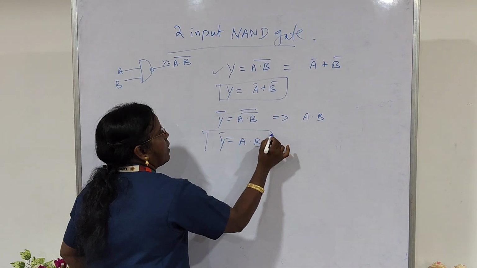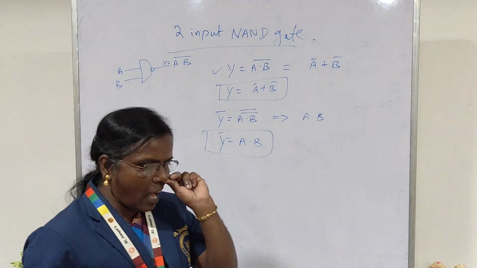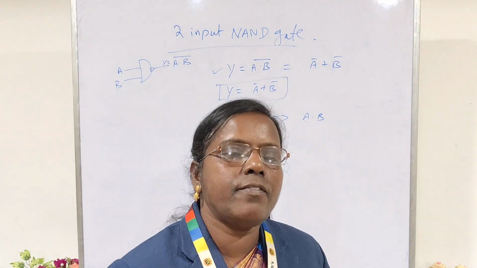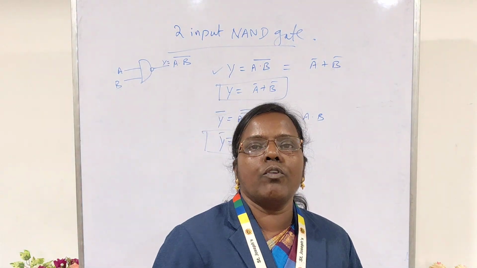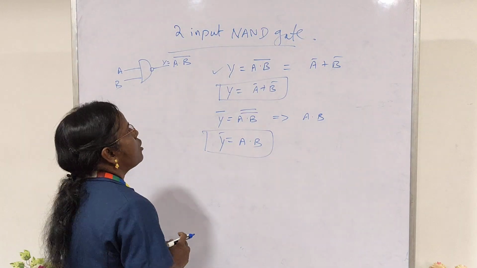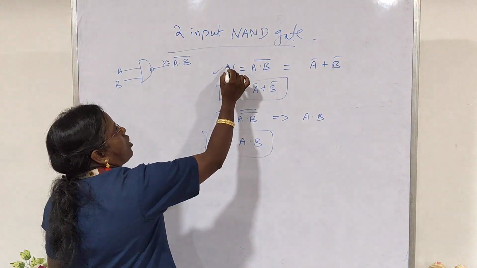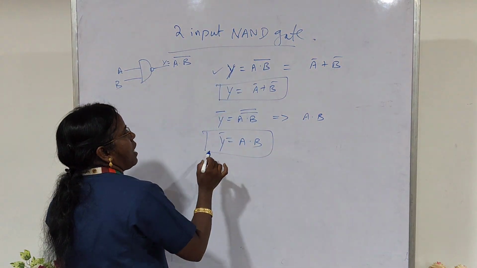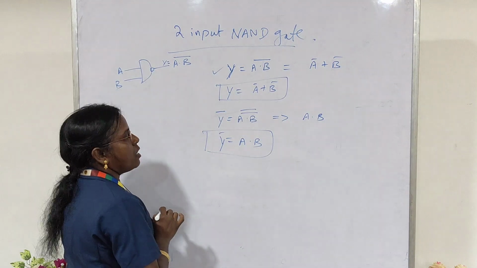Why am I writing this? When I have the function, I have to check which form of the function should be implemented in the pull down network, and which form should be implemented in the pull up network. So this is the normal form of the output variable Y, and this is the complement form of the output variable.